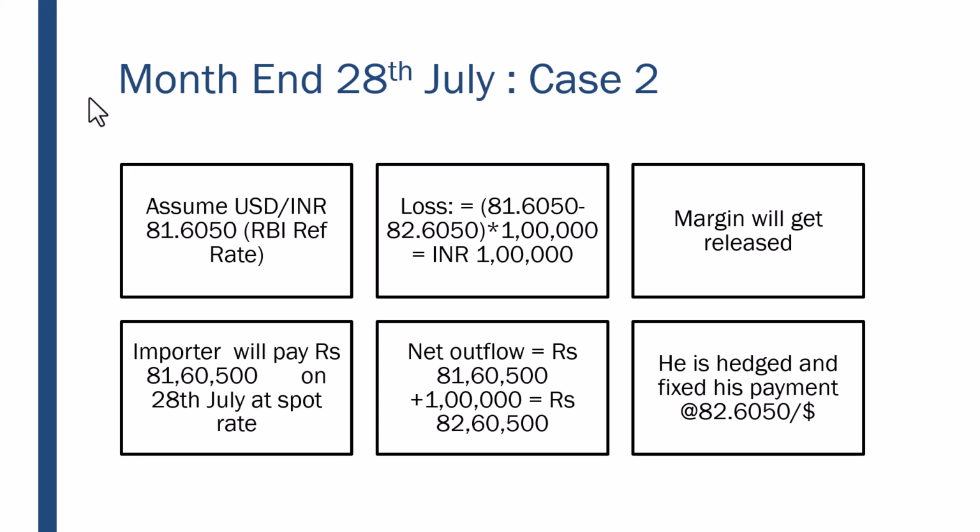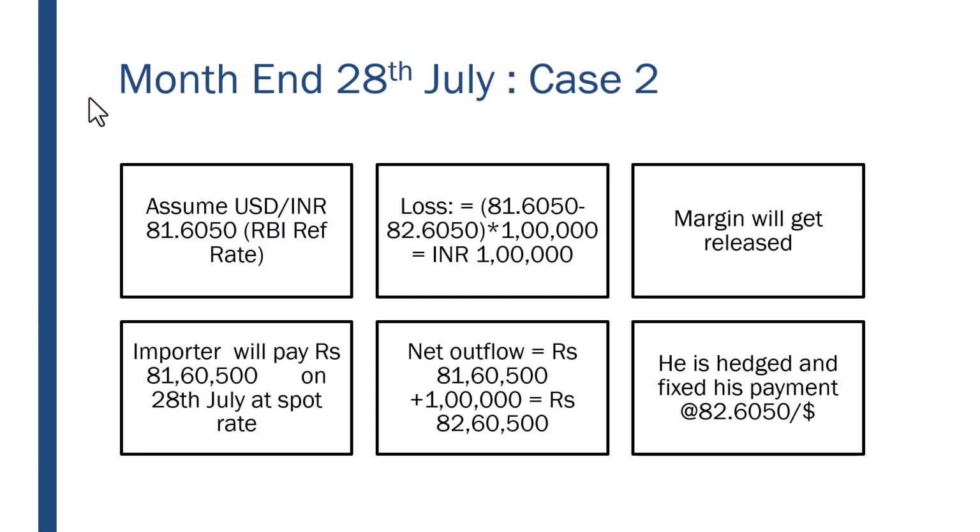Let me just explain. There are certain couple of words. If you are an importer, you are bullish on dollar. You are going to buy dollar. You expect the dollar to go up and make money in the stock exchange. But you are going to lose in your actual transaction and it will get nullified. The gain in the stock exchange will be a loss in the actual position.